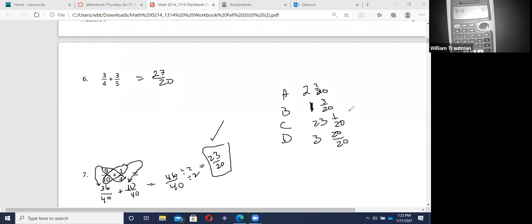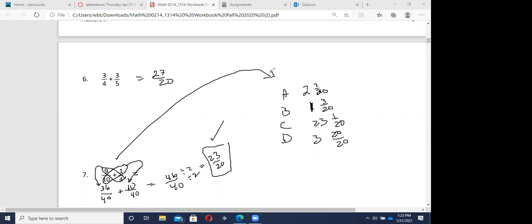Which is correct, A, B, or C? If you got this problem, but these are the only choices you have, what's the correct answer? C. Oh, no, I mean B.